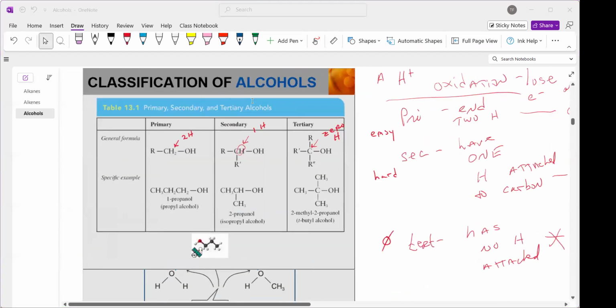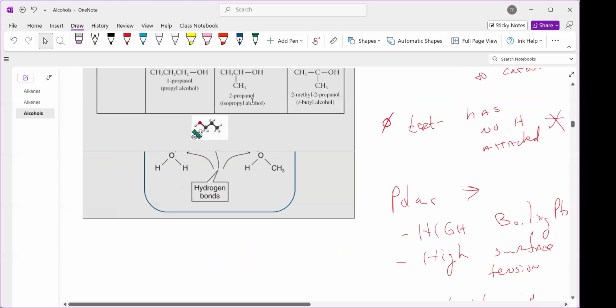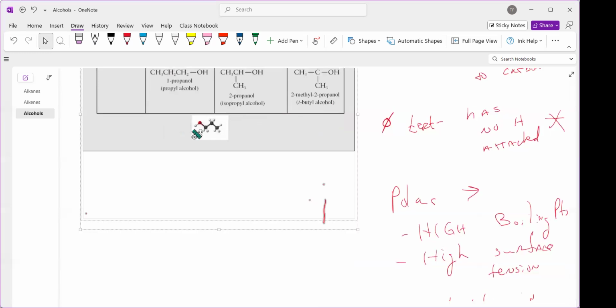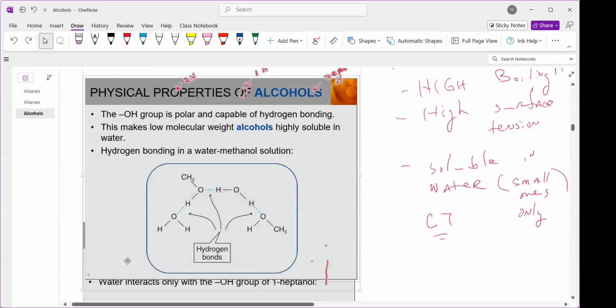All right. IMF. Okay. In 305, you covered intermolecular forces. I don't know if you remember them or not, but there are three basic intermolecular forces.